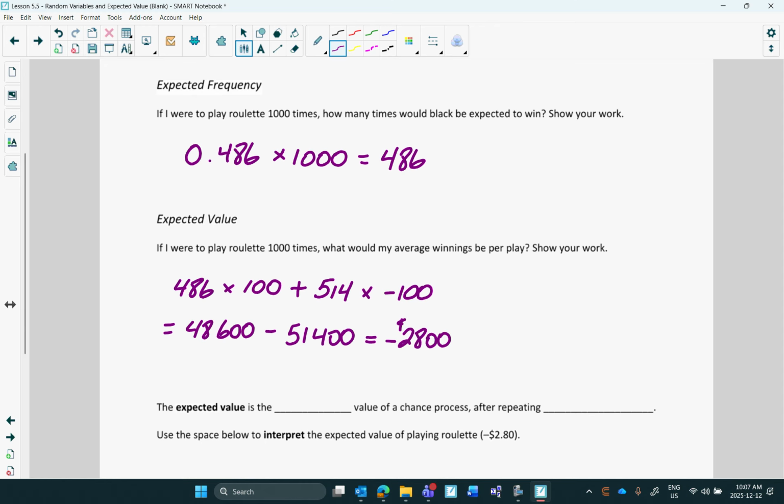So if we played 1,000 times, now be careful how you read this because we were asked for the average.